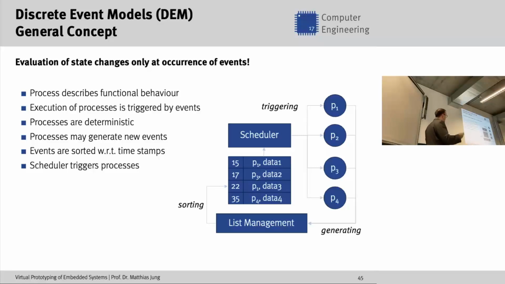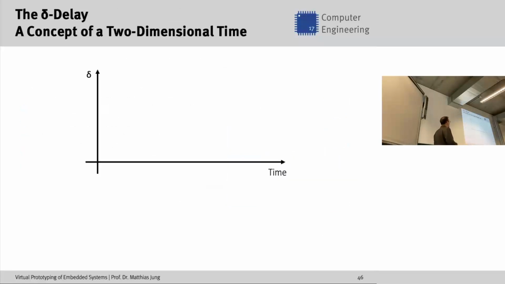So we also have a scheduler that triggers these processes. And this is where the concept of super dense time comes into play, the so-called delta delay. I think it's not doable in 10 minutes, so we will probably do that next week.